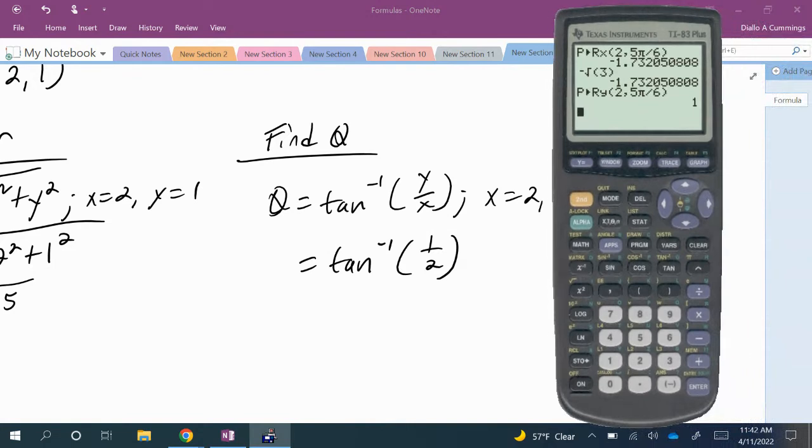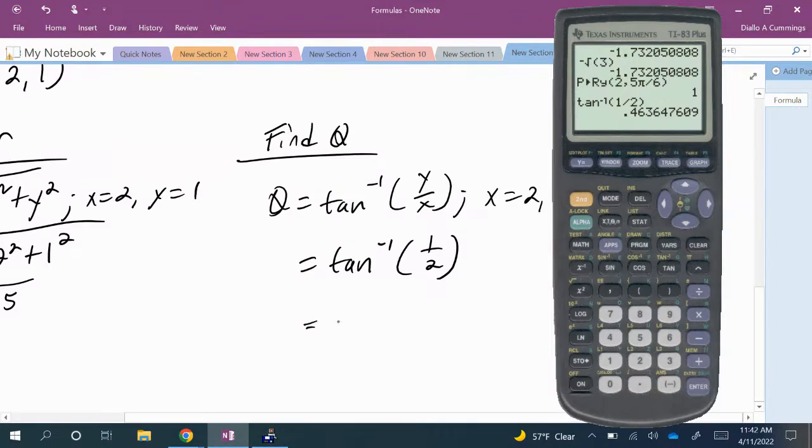Right, so I am going to use the calculator. Here again, we want to make sure that we are in radian mode. So I'm going to put in the arctangent of 1/2, and we have 0.4636.